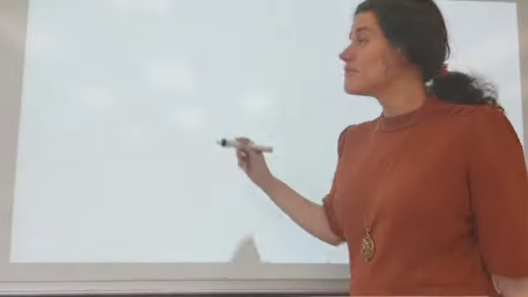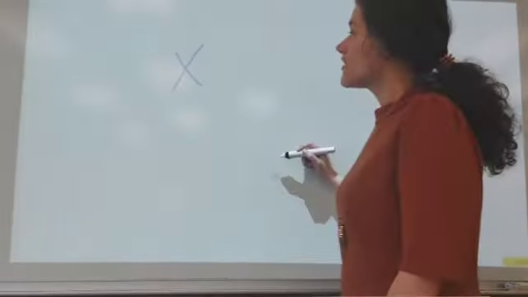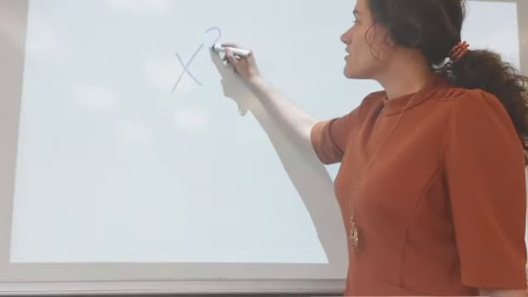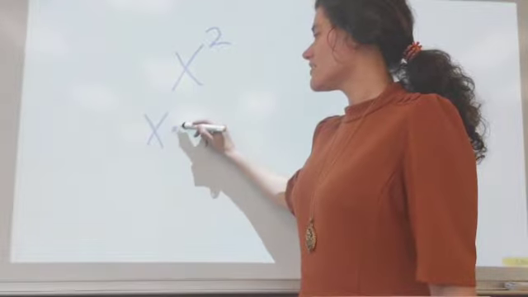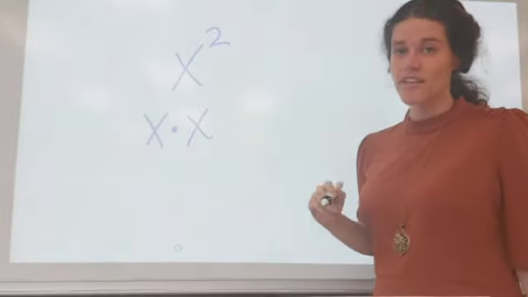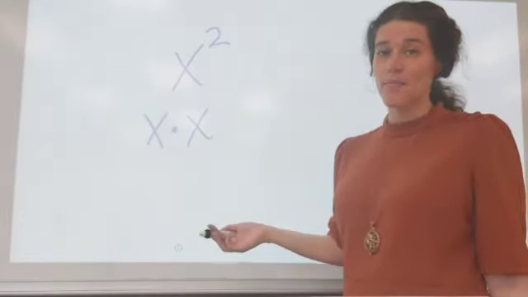So if I looked at this as a variable, let's say x, if I see x squared, that just means x times x. I'm counting how many times I'm multiplying.